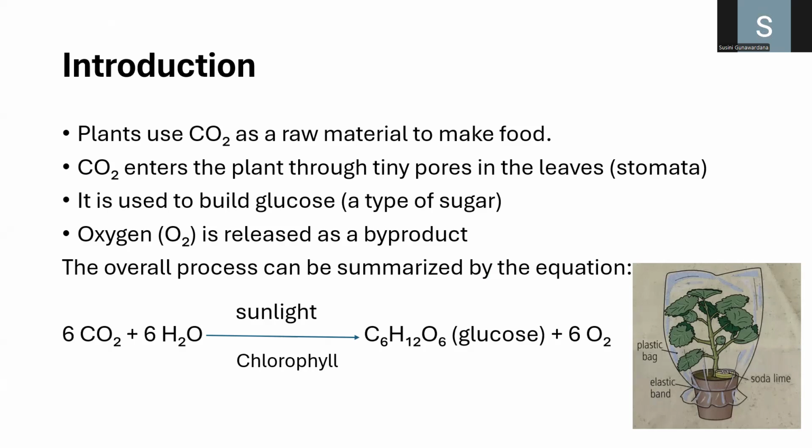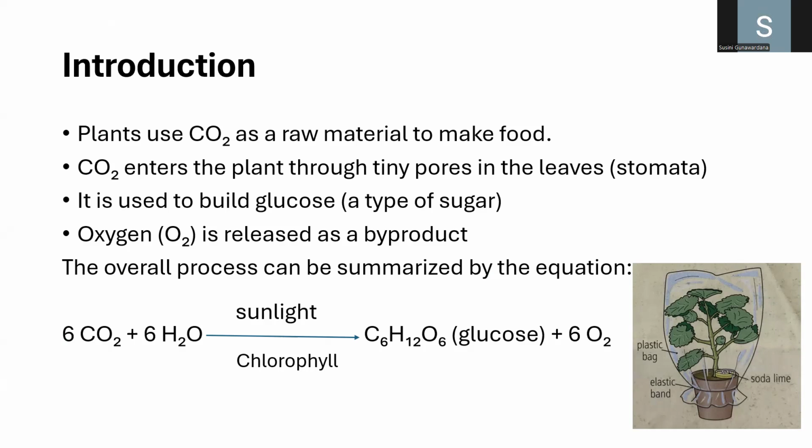They absorb this carbon dioxide through tiny pores in the leaves, which we call stomata. This helps build up glucose inside the plant. Somehow this glucose will be turned into starch. In previous lessons, we discussed that process. As a byproduct of photosynthesis, it will produce oxygen.